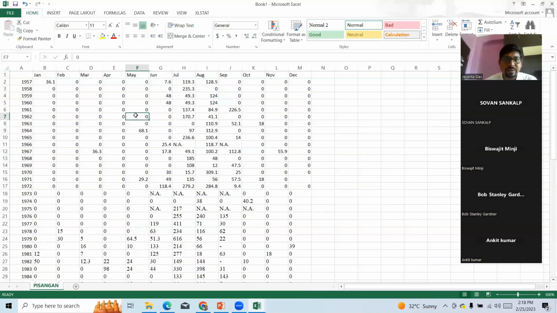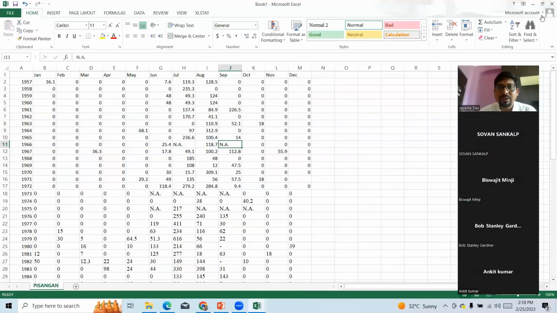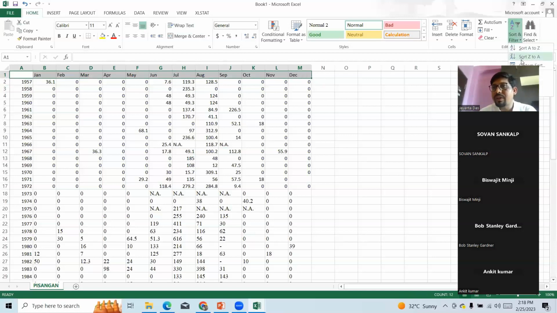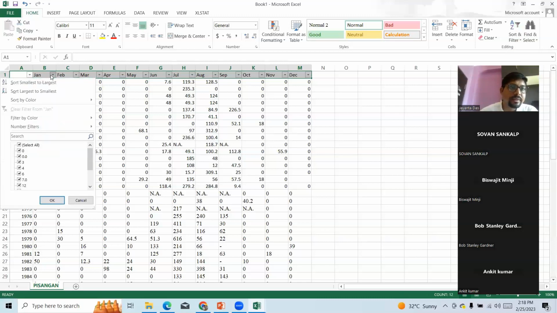Okay. Now check here, NA. NA means not available. That's the missing data. Okay. So we have to check how many NA there are. We can easily check it if we click here, go to sort and filter, and click on the filter button. See here if any missing data exists.